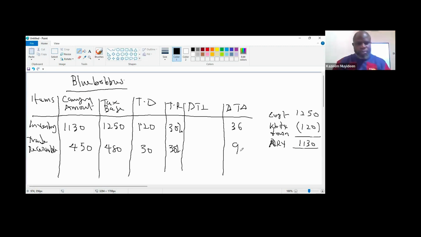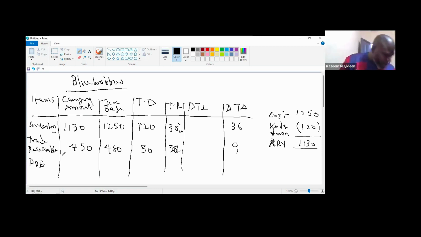I will go to the next one. PPE. What is the PPE? I will read. Property, plant and equipment has a carrying amount of 3050 and a tax base of 2750. During the year ended 31st of October 2021, property was revalued upward by 150.